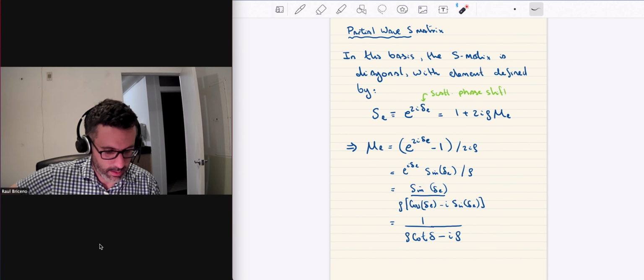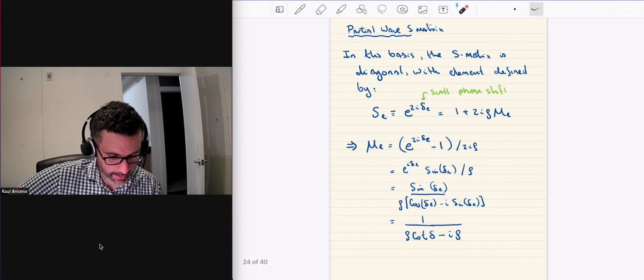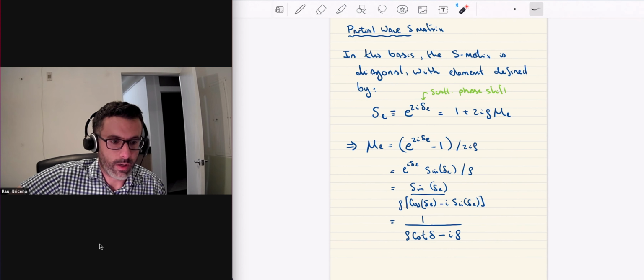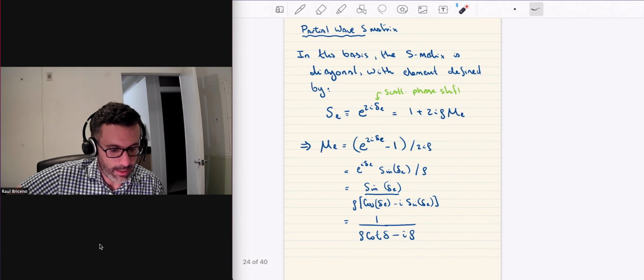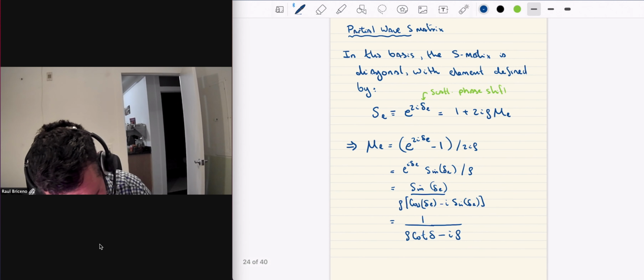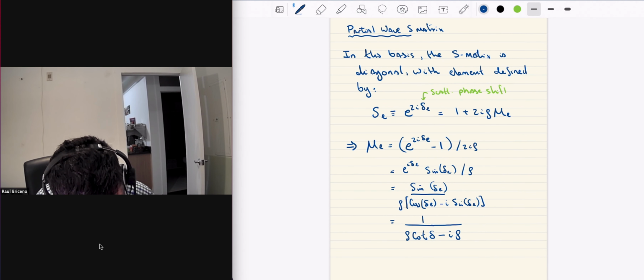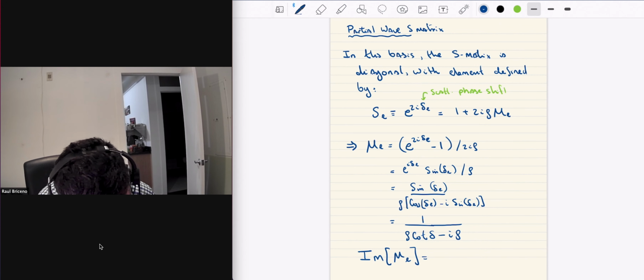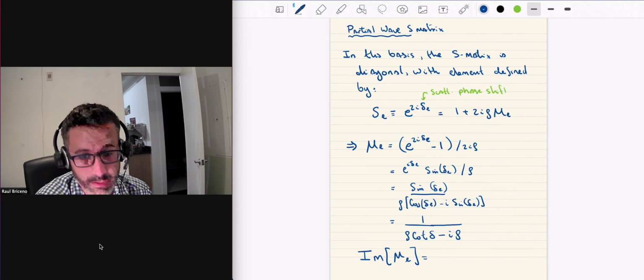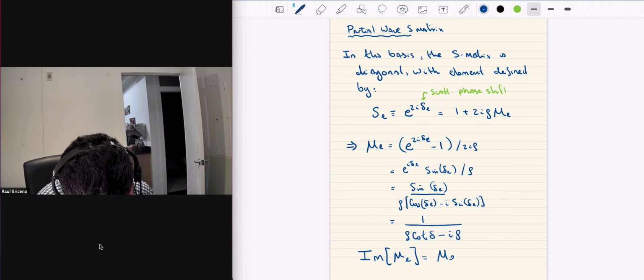Okay. And so this is a way for us to write explicitly the scattering amplitude in terms of the scattering phase shift. And what you can check is that the imaginary part of M here has to be equal to the scattering amplitude mod squared times rho.